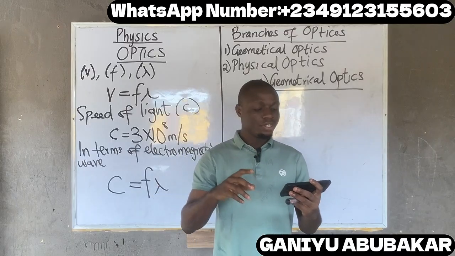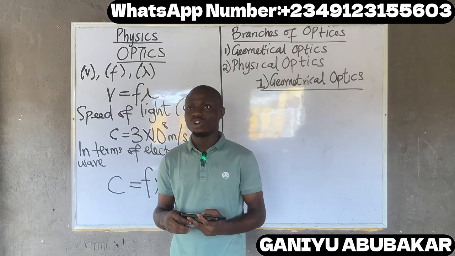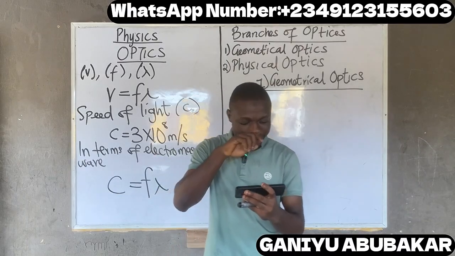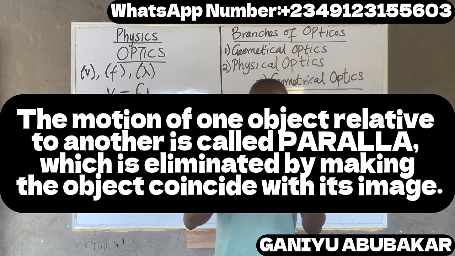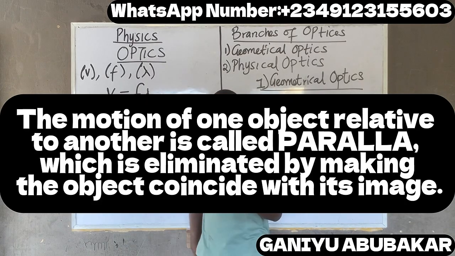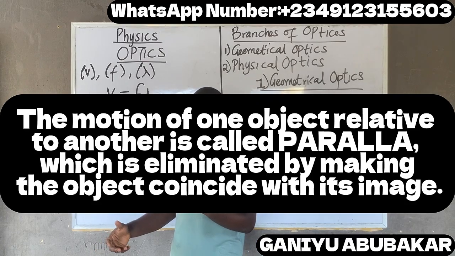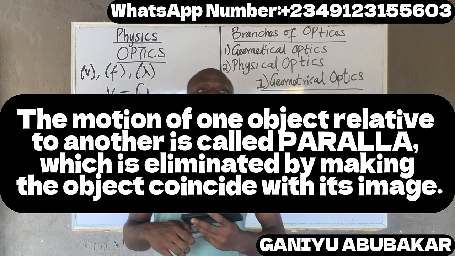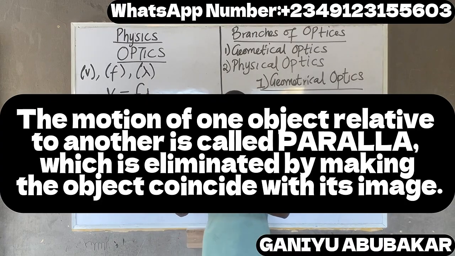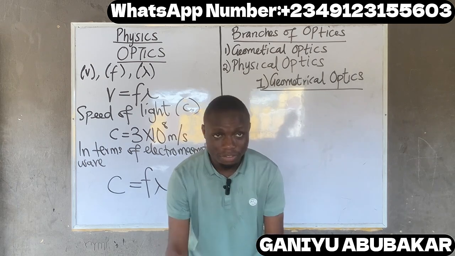It is eliminated by making the object coincide with its image. That's how you define parallax, right?